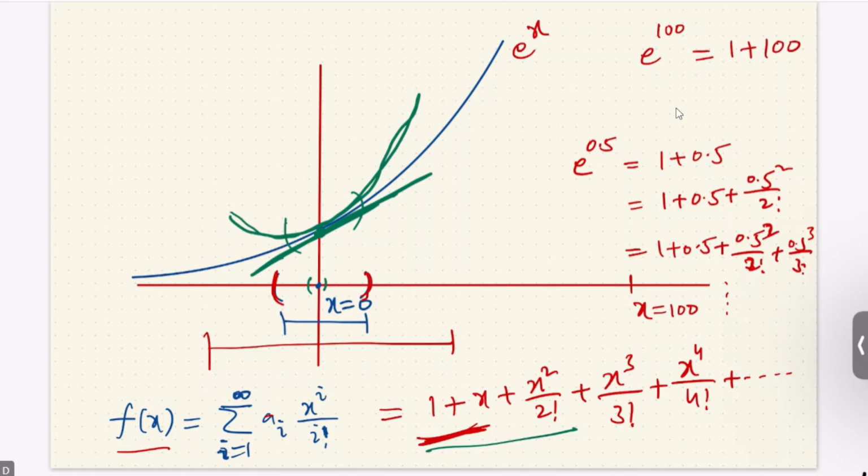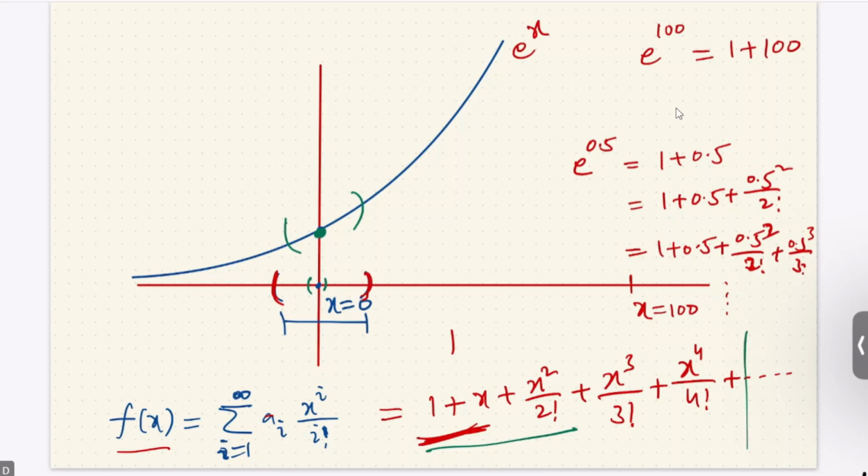So this is how the Taylor series approximates e^x based on the number of terms. The domain of interest plays a role in the length you choose.